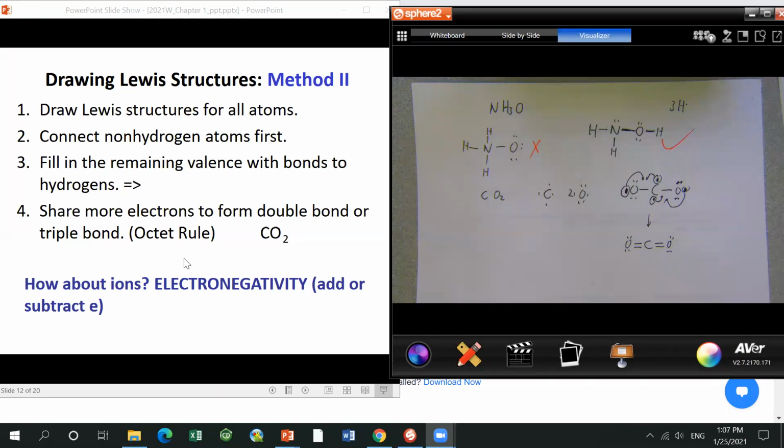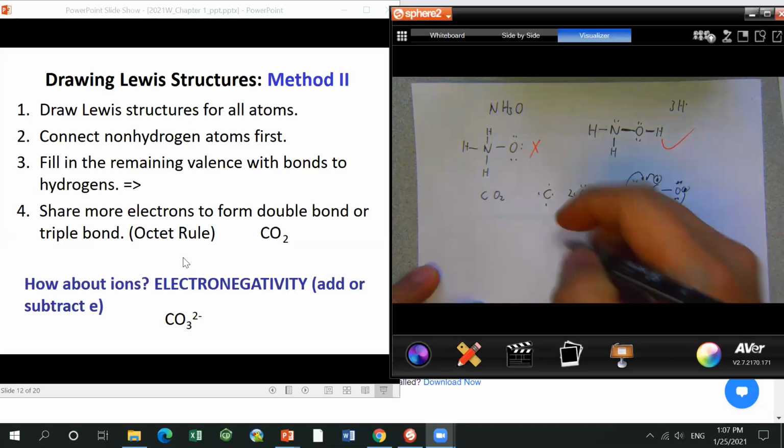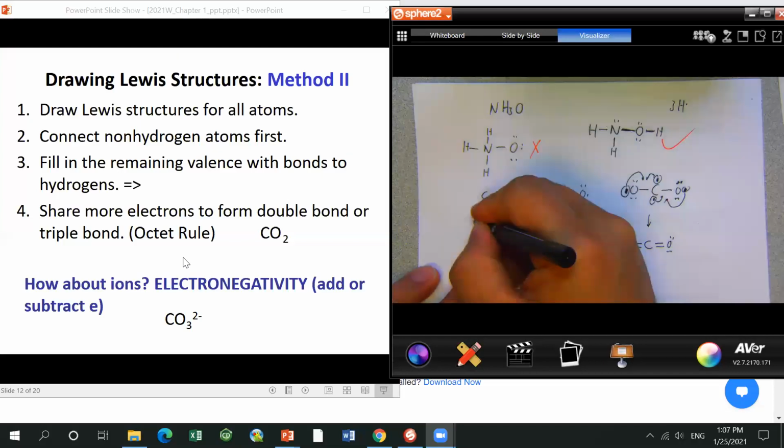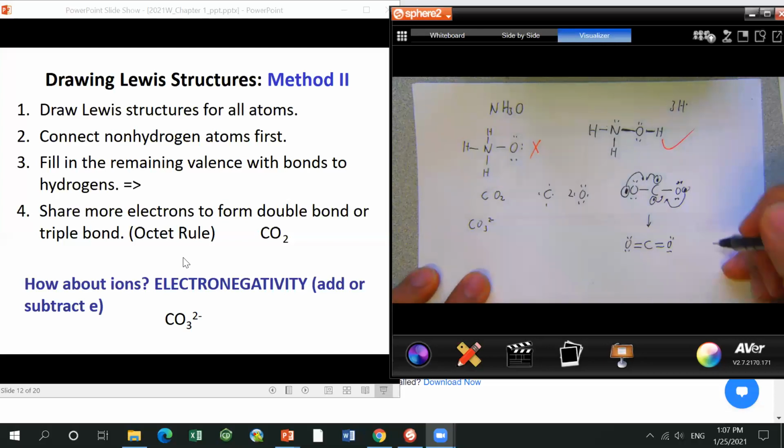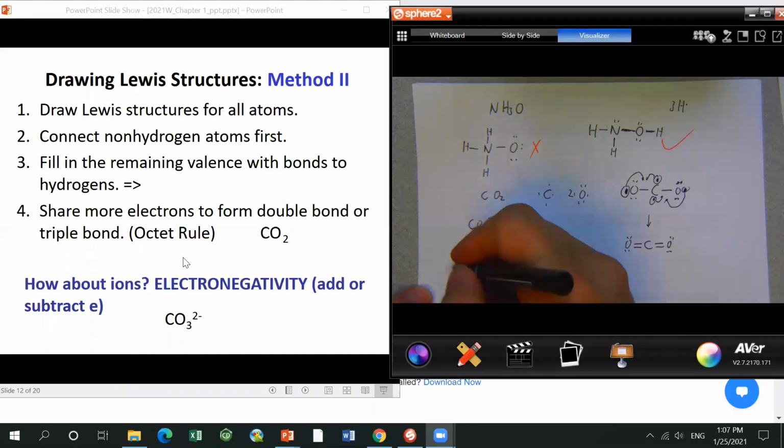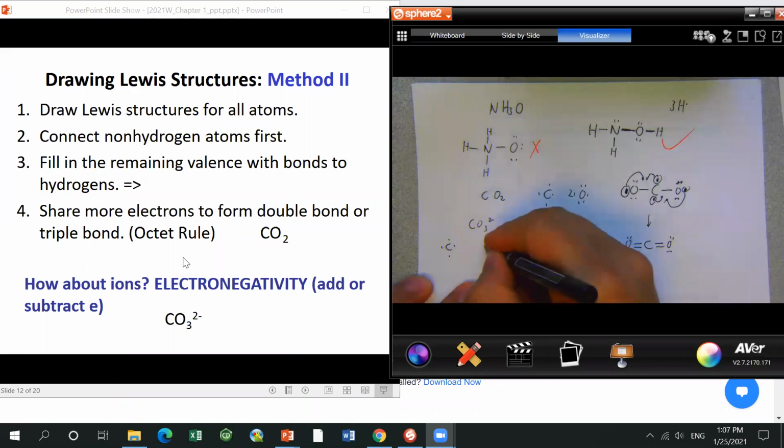We use CO3 2- as an example. That's the carbonate anion. We have 1 carbon and 3 oxygens.